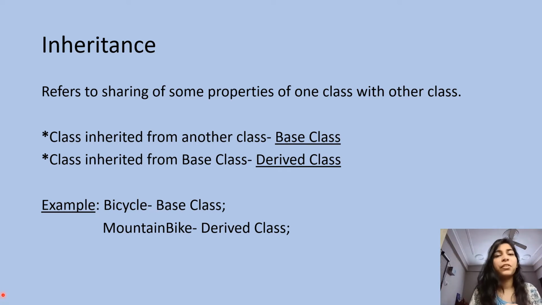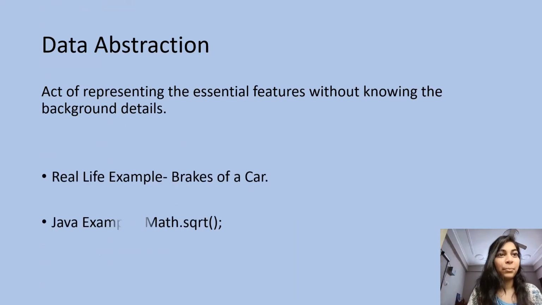Now let's proceed further and see what data abstraction means, right? Data abstraction is the process of hiding certain details and showing only the essential information to the user. Now, this is very, very easy to understand, all right?